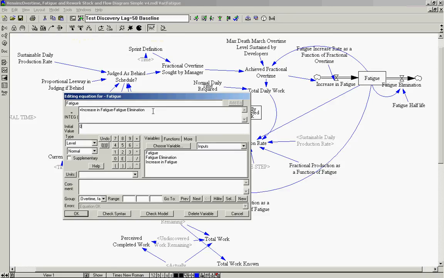Fatigue is the integral of this rate of flow coming in minus that rate of flow going out. Those are the two elements that collectively compose the derivative of fatigue. Put another way, the derivative d fatigue/dt equals increase in fatigue minus fatigue elimination.